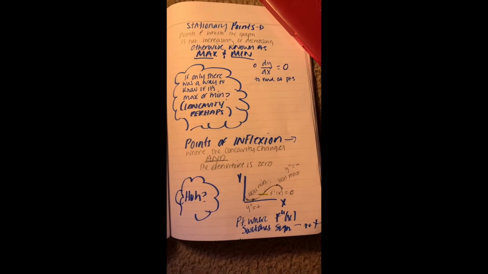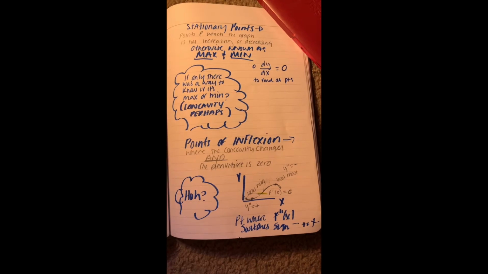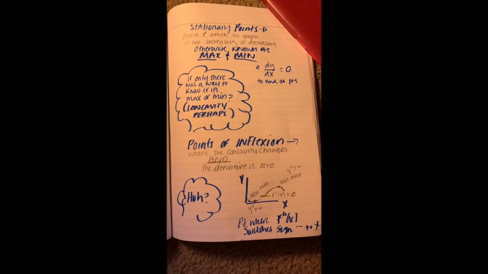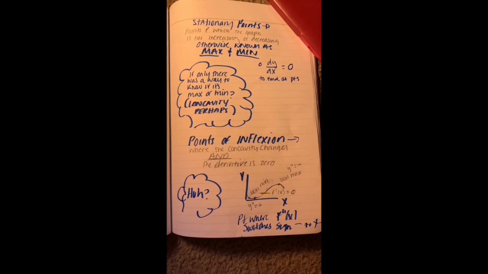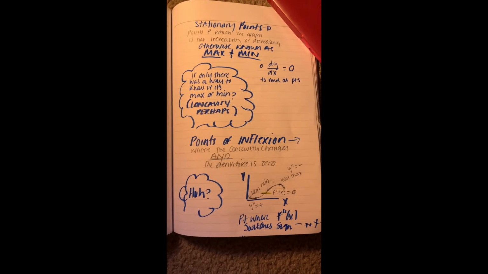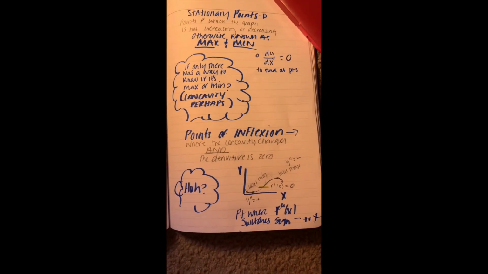Another thing that concavity helps us with, or actually that the second derivative helps us with, is the point of inflection. And this is where the concavity changes, and the second derivative is 0.